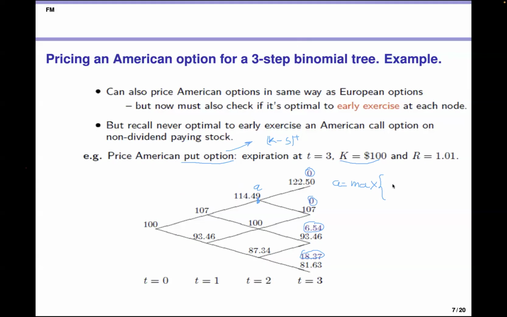So what do I need to write? The price of immediate realization is 100 minus 114, which is negative, so we write zero.